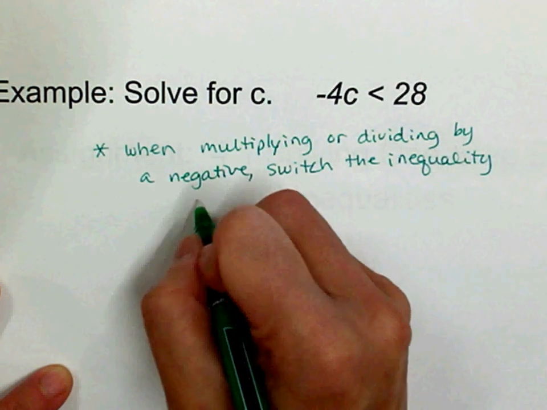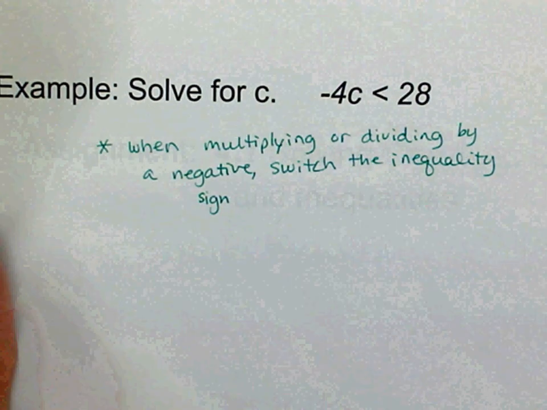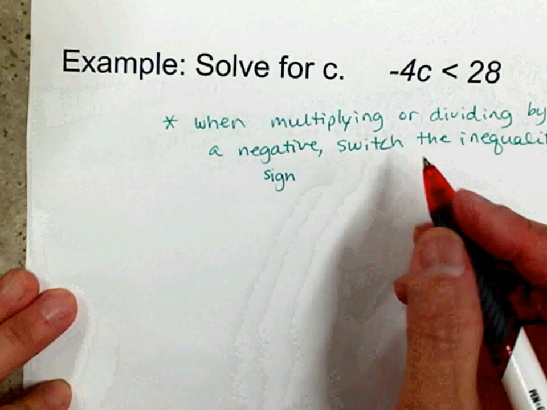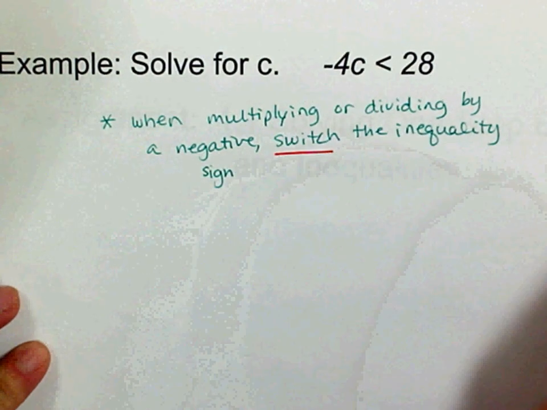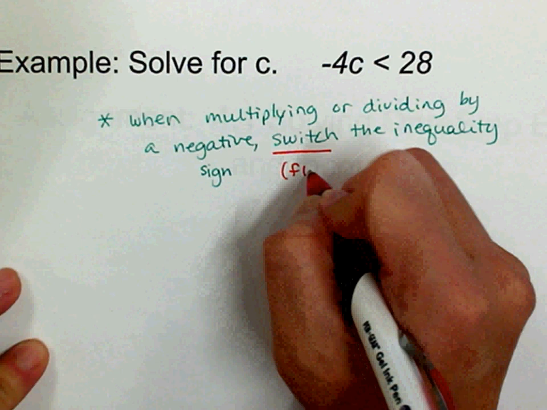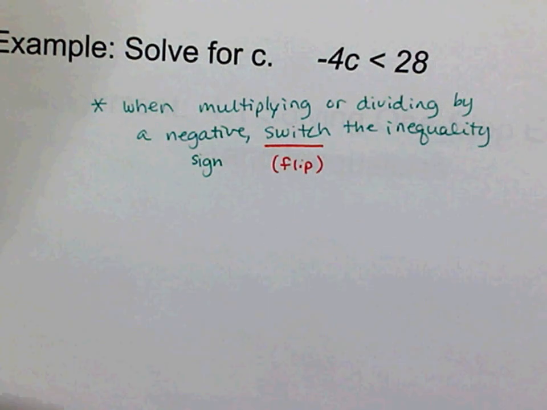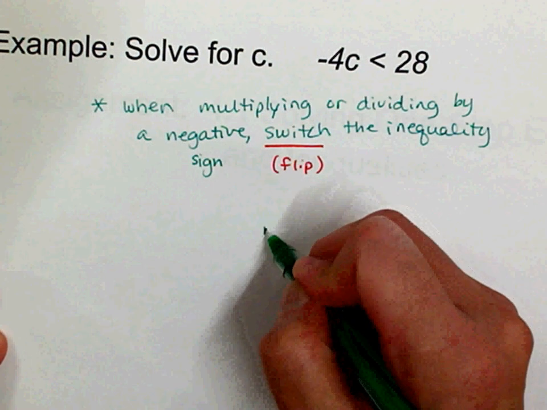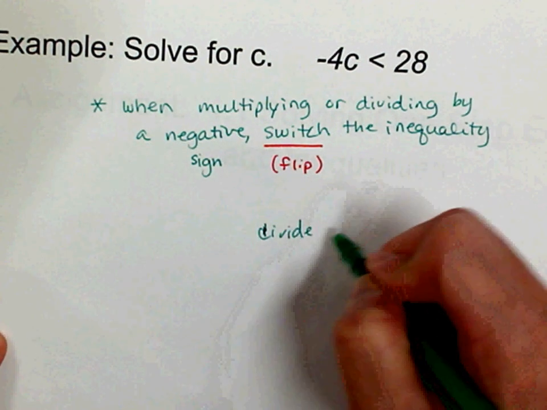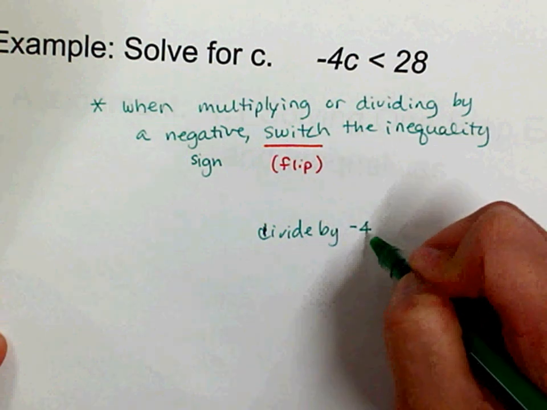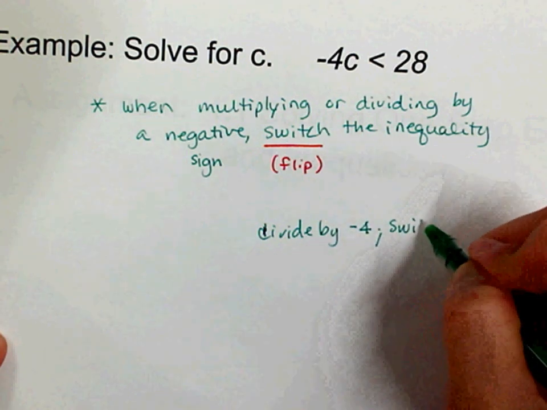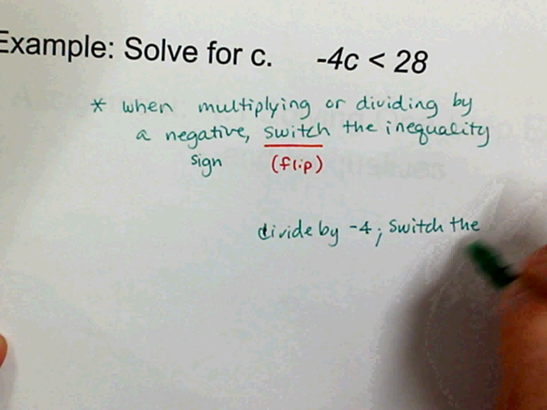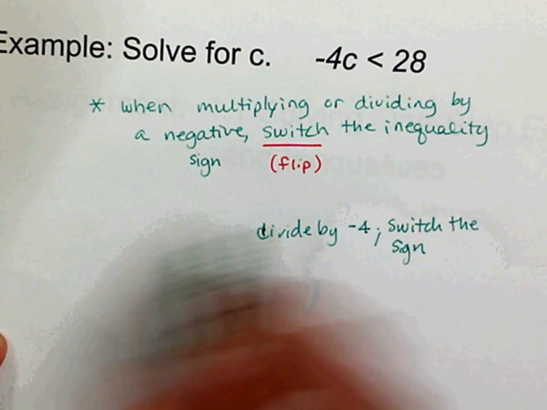You might want to underline the word switch. Another word for switch, you may see the word flip, okay? Means the same thing. So what would you do right here? You would divide by negative 4, and then you do what? Switch the sign. Okay, so you have to do those things.